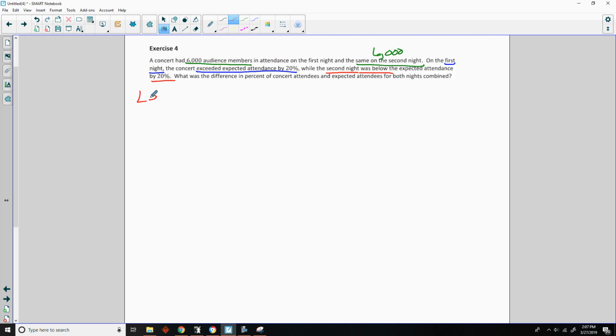So first, let's let X represent the expected number of attendees the first night, and we will let Y equal expected attendees night 2, the second night.